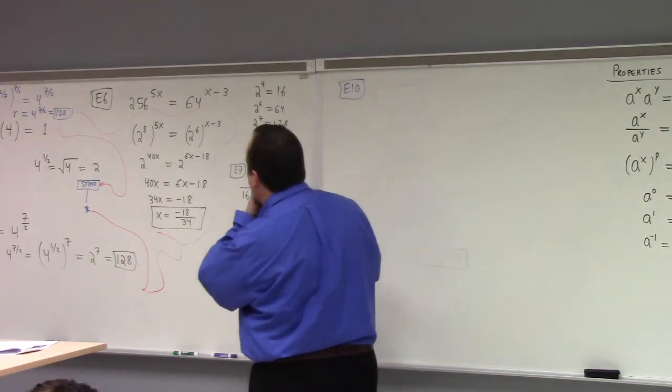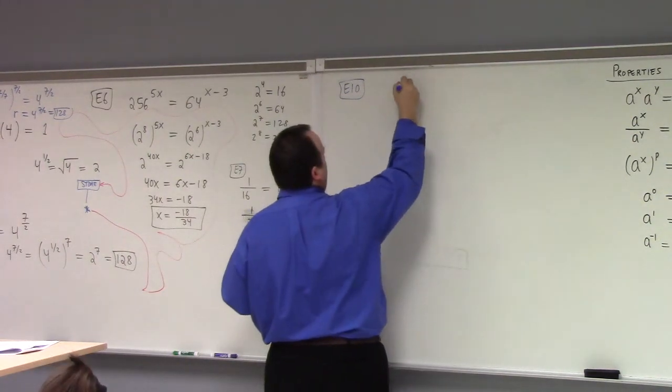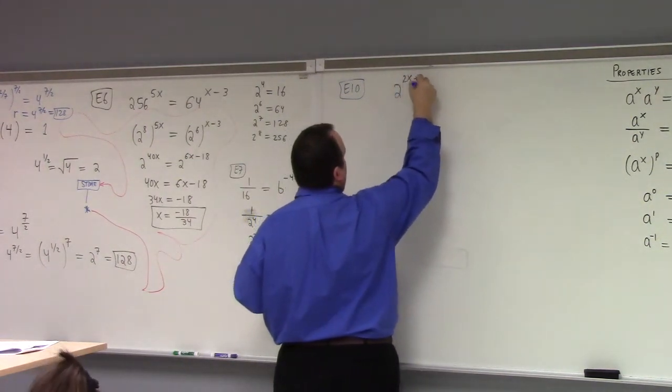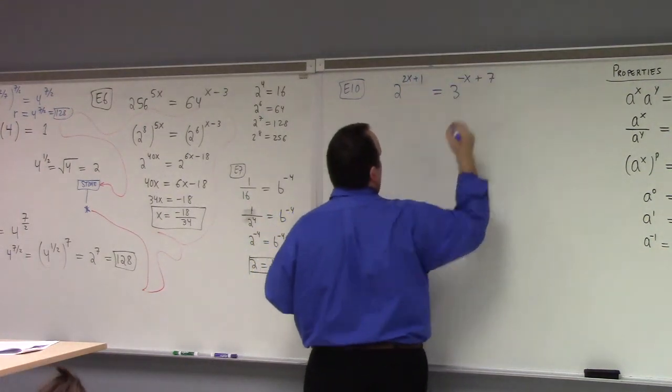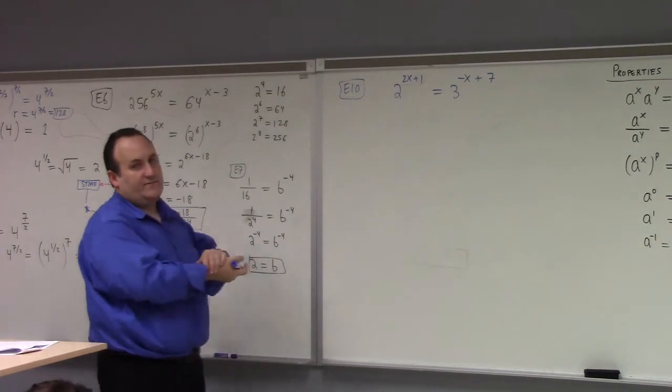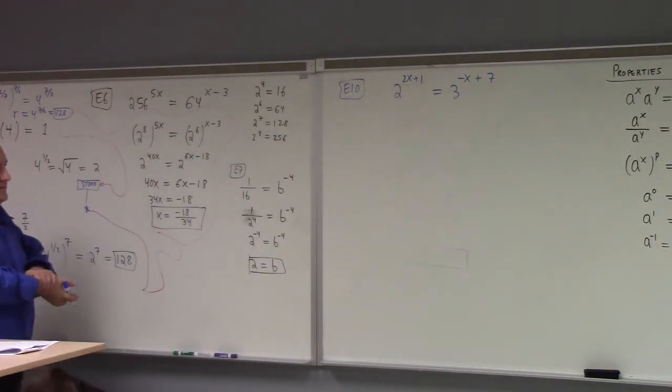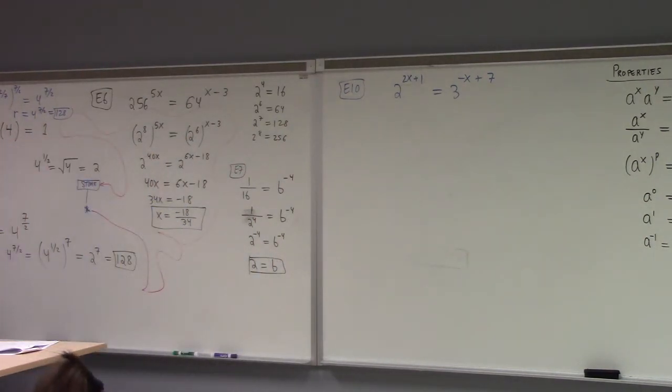Example 10. If I'm up against something like this, 2 to the 2x plus 1 equals 3 to the minus x plus 7, I have no choice. There is no hope for this problem except to use logarithms, because unless you're really creative, you probably can't rewrite 2 as a power of 3. Can you write 2 as a power of 3?